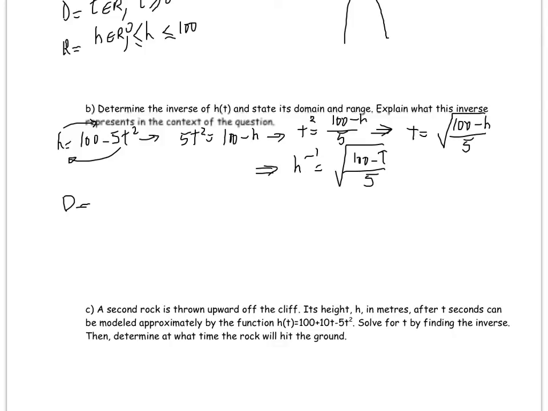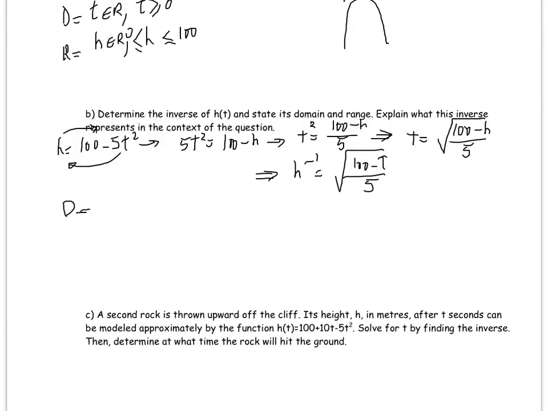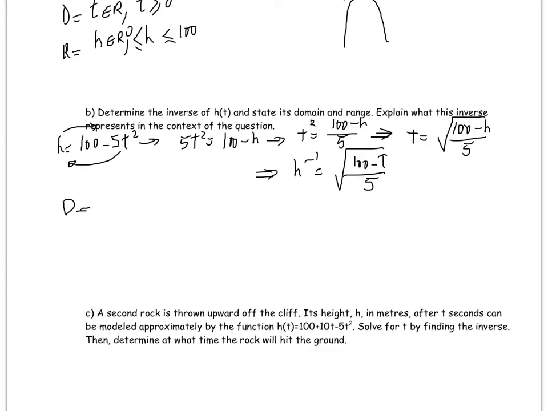So the domain of h⁻¹ is going to be t in R, and t has to be less than or equal to 100, and obviously greater than or equal to 0, and our range is going to be h, which is in R, and h has to be greater than or equal to 0.